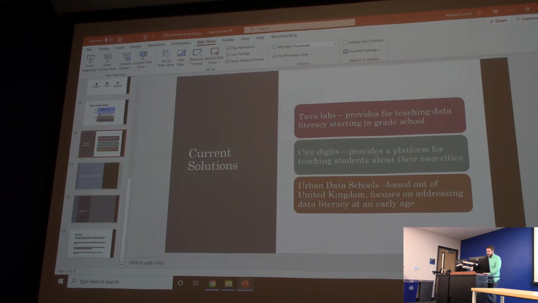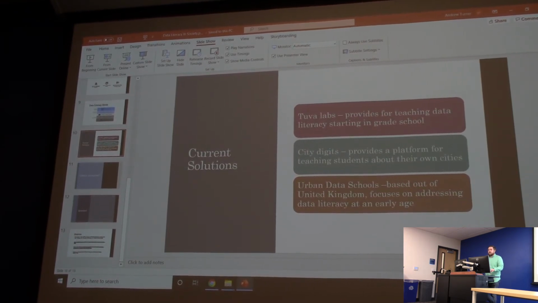They're essentially accomplishing the same thing in two different places. They will work with grade school teachers directly. I'm not sure how the funding aspect of that works, but the class will do a project to start teaching them about data literacy and how to understand data.